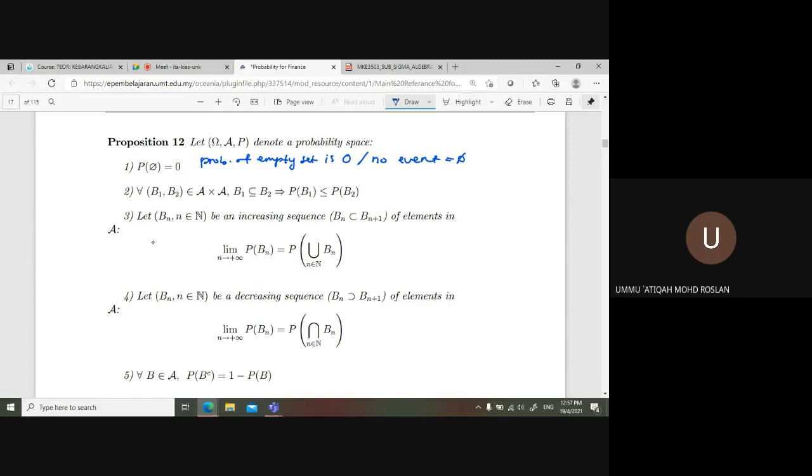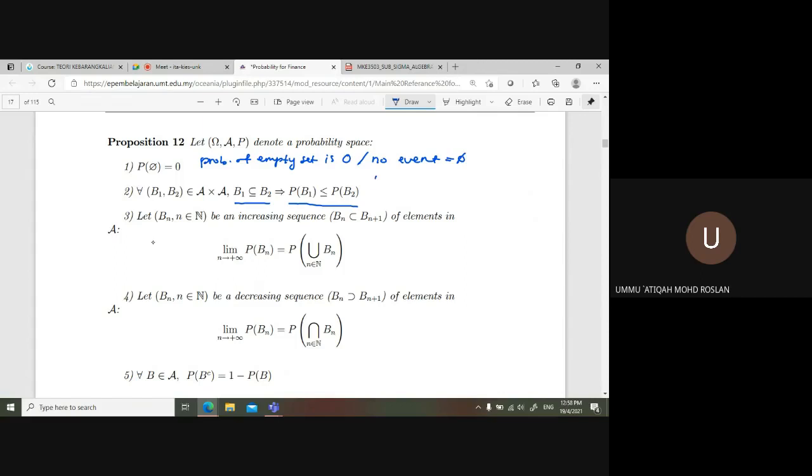The second one says that for all events B1, B2 in the sigma algebra A, if the event B1 is smaller than the event B2, then the probability of the smaller event is less than or equal to the probability of the larger event.